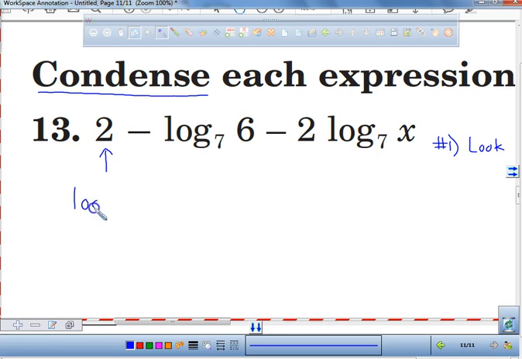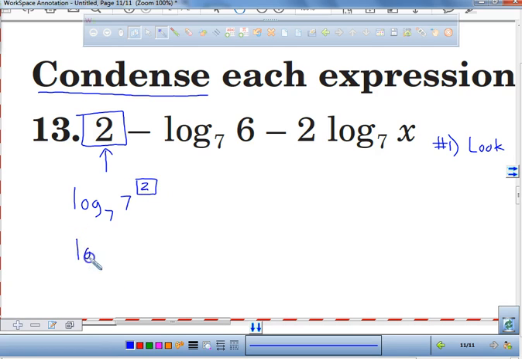If we're in base 7, I have to figure out what number would have to be right there for that to equal a 2. It would have to be a 2. So understand, the number 2 can also be rewritten as log base 7 of 7 to the power of 2.